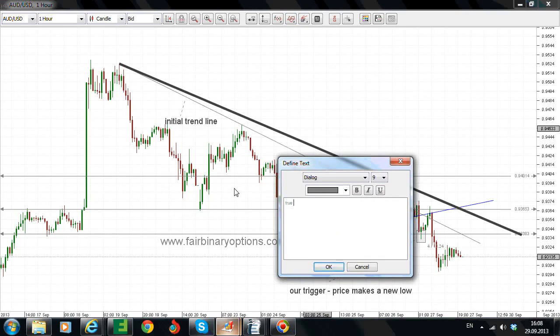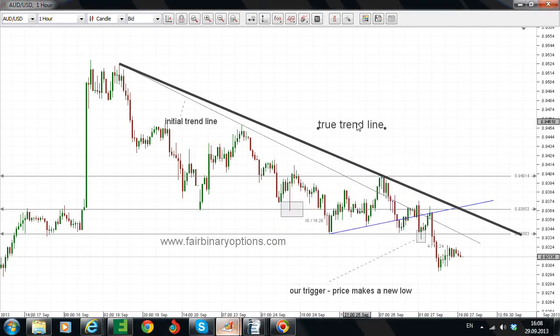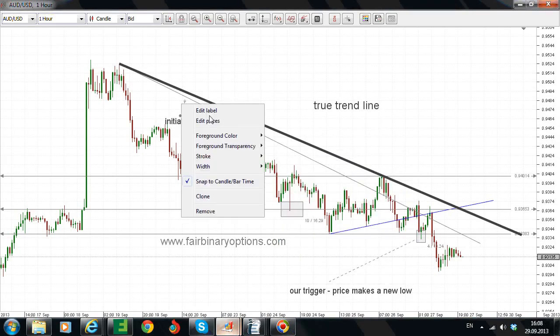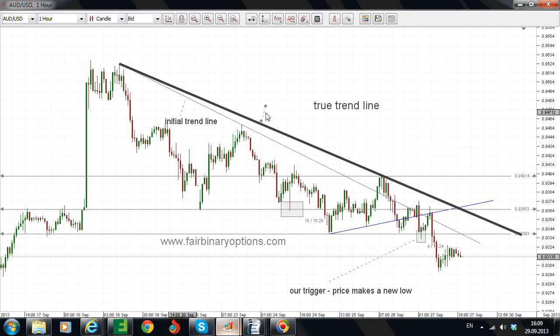The true trend line, this black line there.